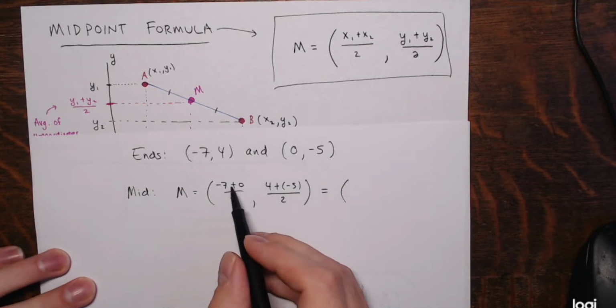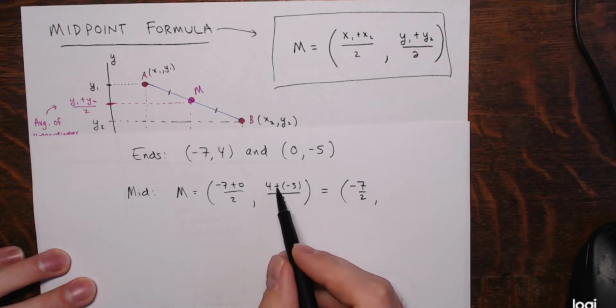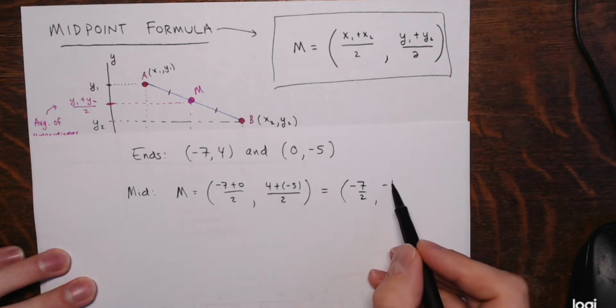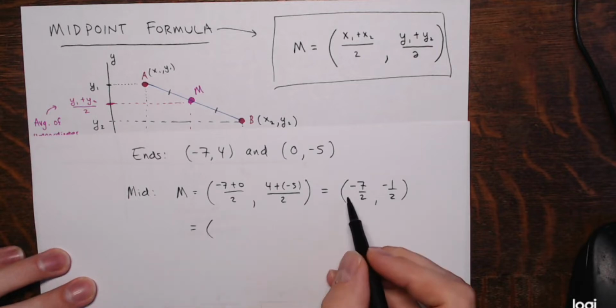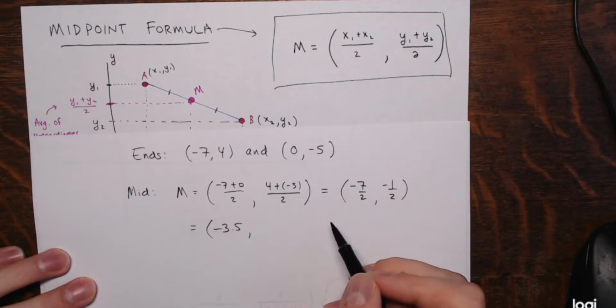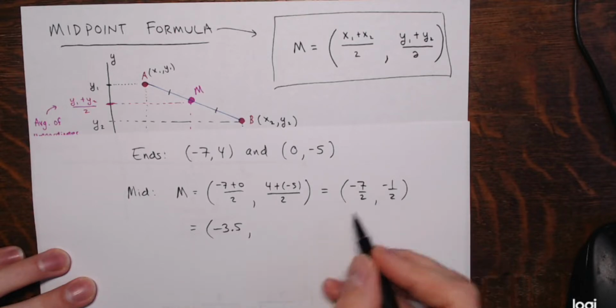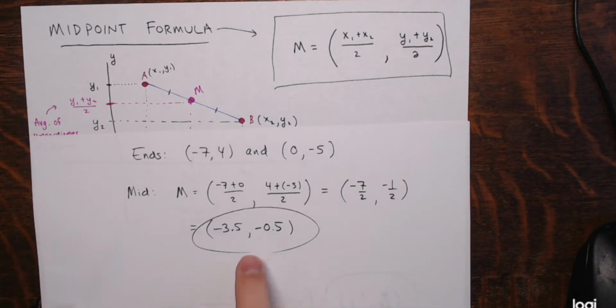This is just negative 7 halves. And then 4 plus negative 5 is negative 1, and that's negative 1 half. Now I think they have decimals showing up on this, so if you write these as decimals, negative 7 halves is negative 3.5, and negative 1 half is negative 0.5. So we're going to move our point in that graph to this point here.